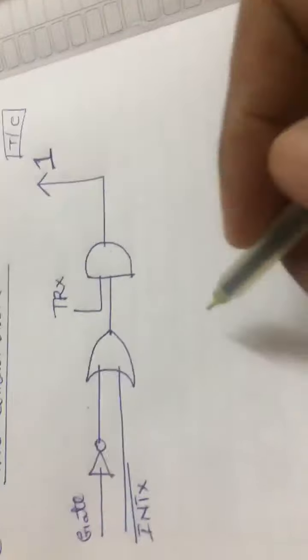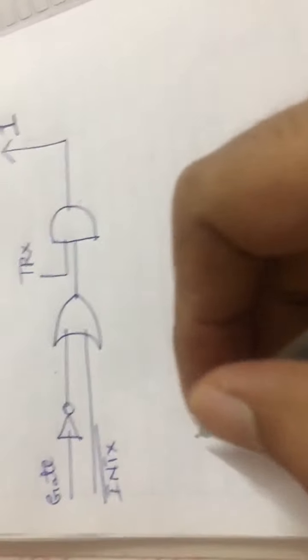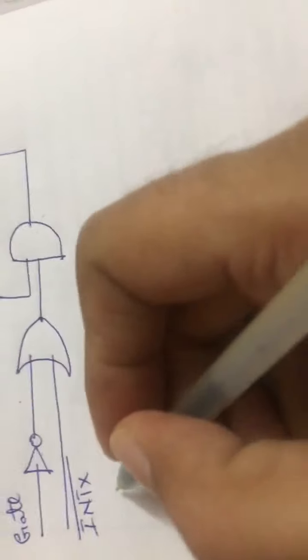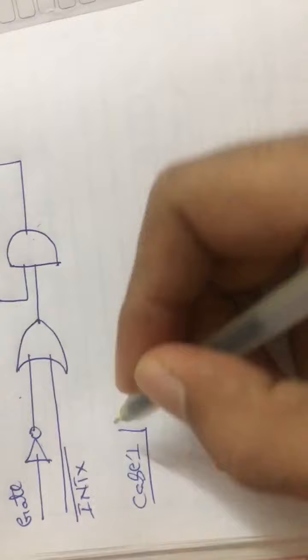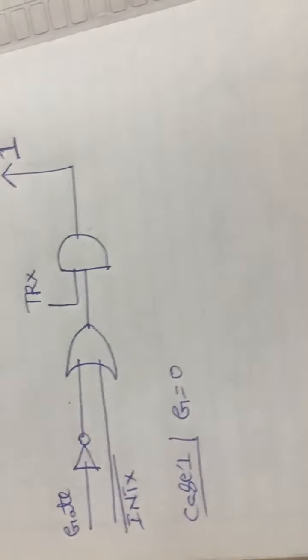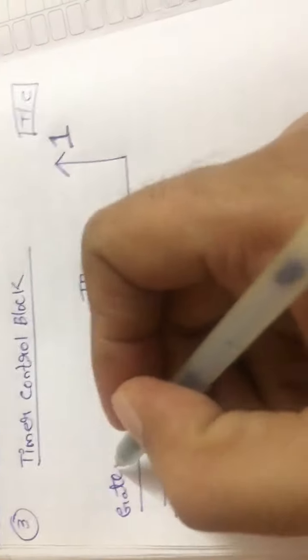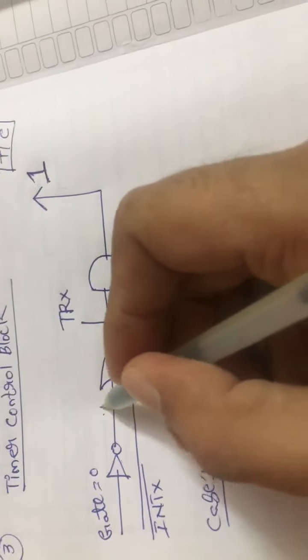So how do we make the value of this particular block equal to 1? Here we have two cases. Case 1: if I make GATE equal to 0, the output of NOT will be equal to 1.